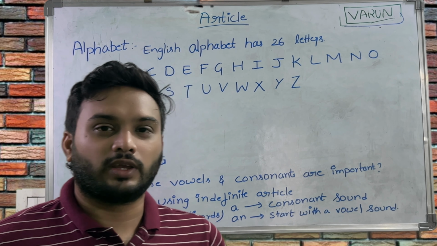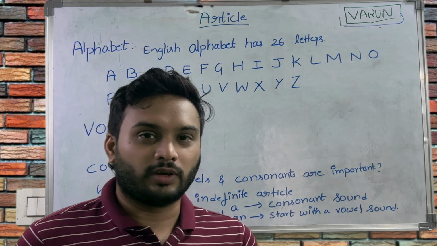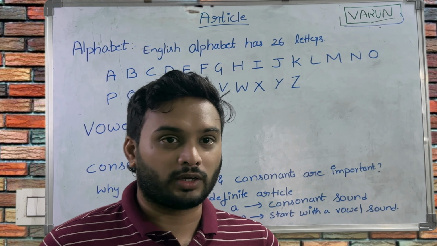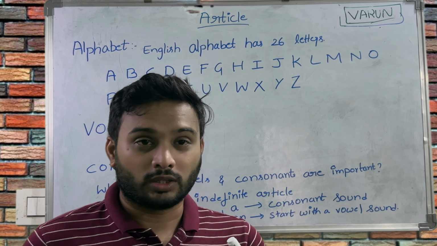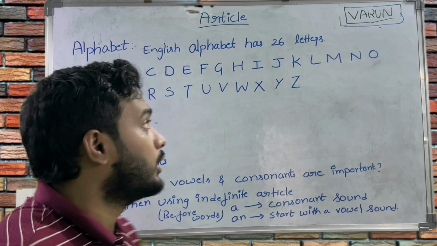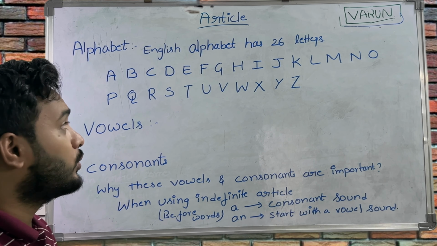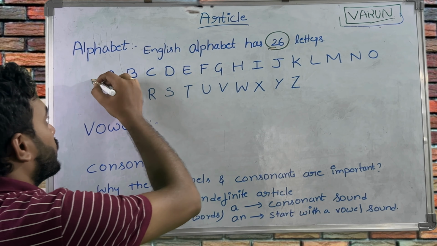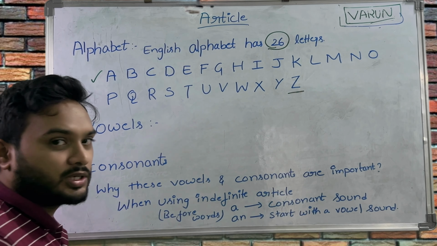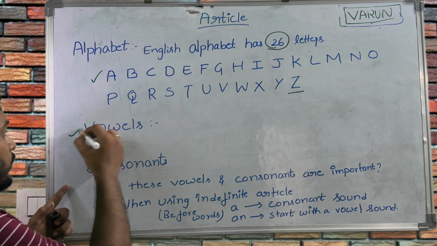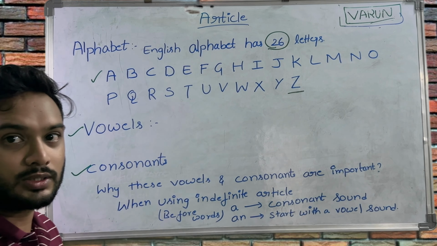In articles we have two types: indefinite article and definite article. To understand them, we should know what the alphabets are, what a vowel is, and what a consonant is. As we know, we have 26 letters in the alphabet, A to Z. Which are the vowels and which are the consonants?